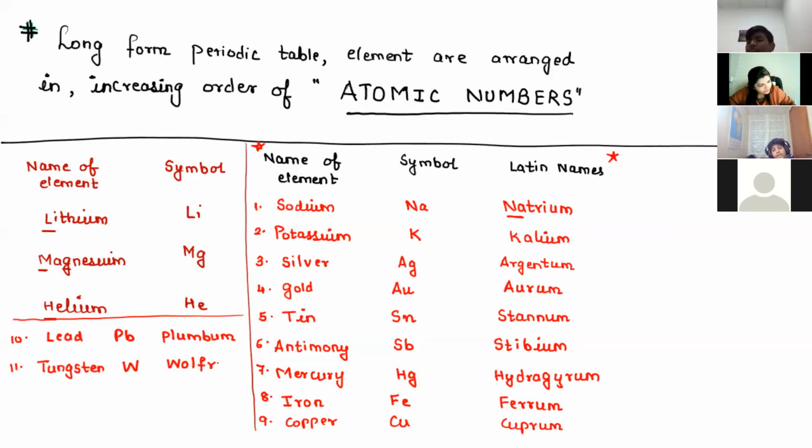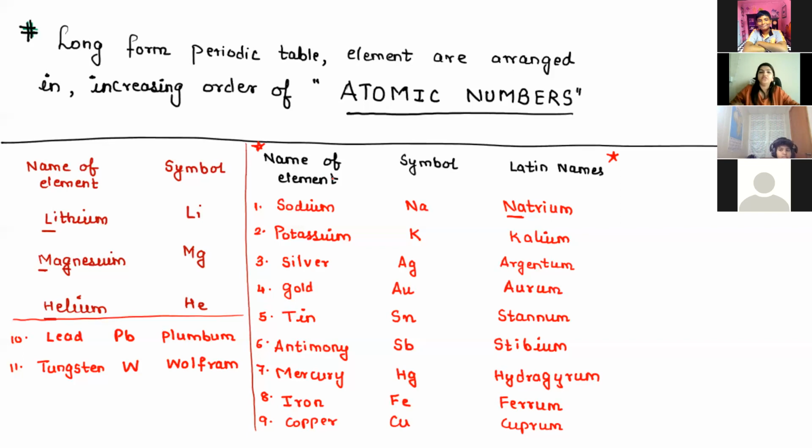You have to write all this down. It's up to you. This is only for your reference, only for knowledge. Nobody is going to ask you because it's not there in the periodic table.